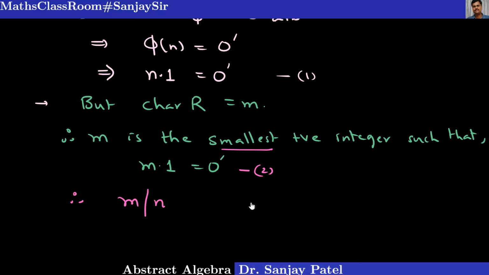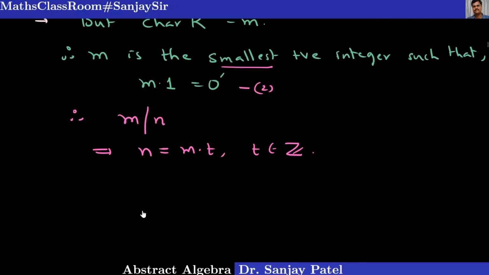Okay, this can be proved that if the characteristic of a ring R is m, and if for some integer n, n into 1 is 0, then m must divide the number n. Okay, if m divides n, that means n is equal to m into something, say m into t for some integer t belongs to Z. So n is a multiple of m.